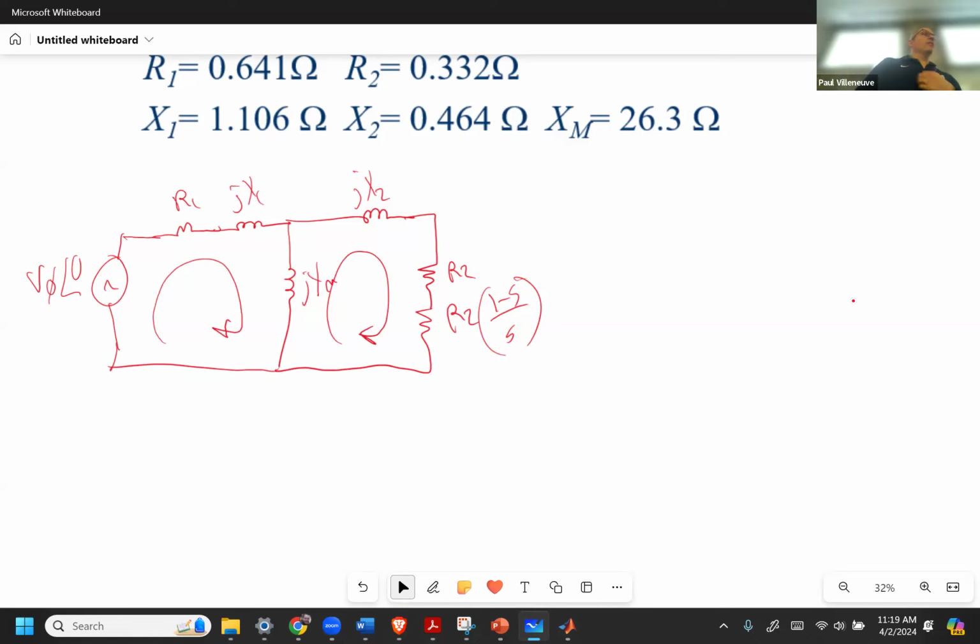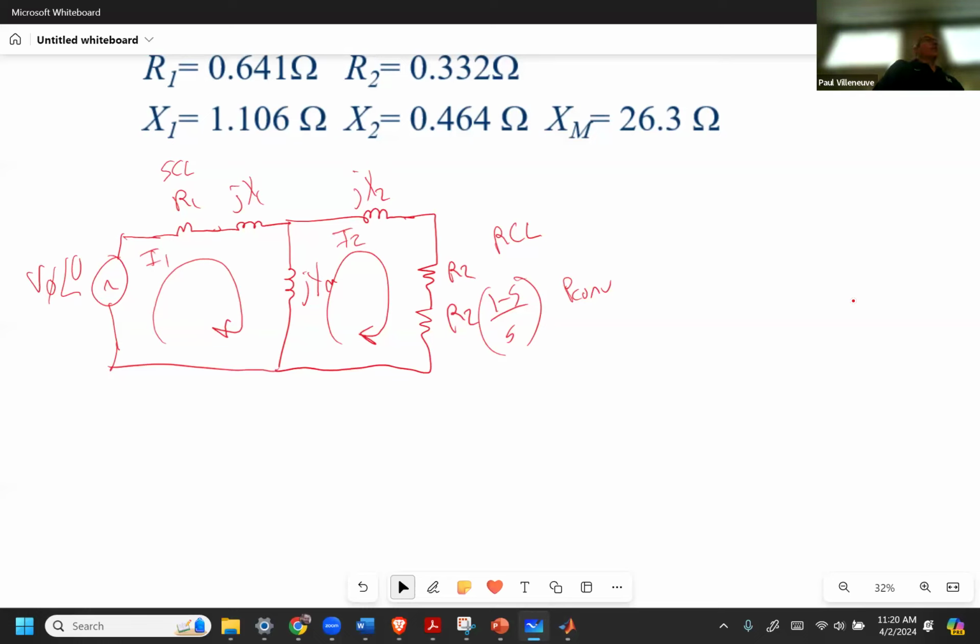Remember loop equations from circuits days? The reason loop equations are really good is because I have I1, and if I choose this correctly, I2. This is going to give me the stator copper losses. This is also going to give me rotor copper losses. And this is going to give me directly my converted power.